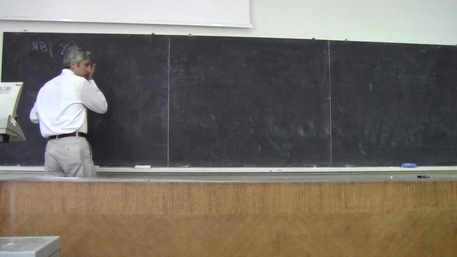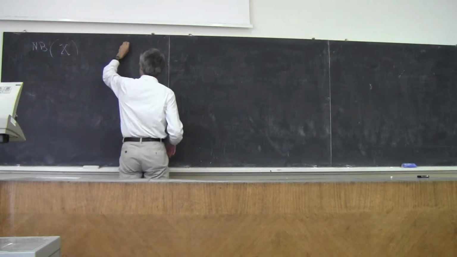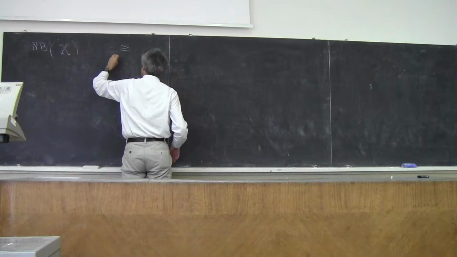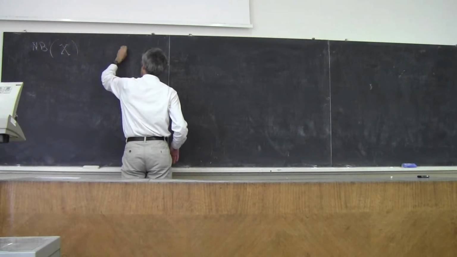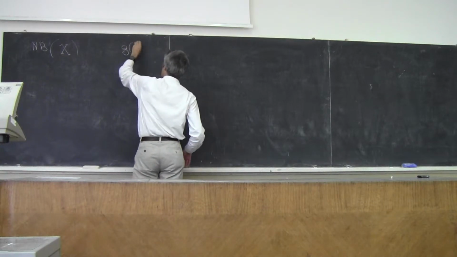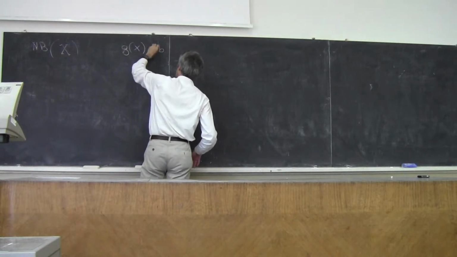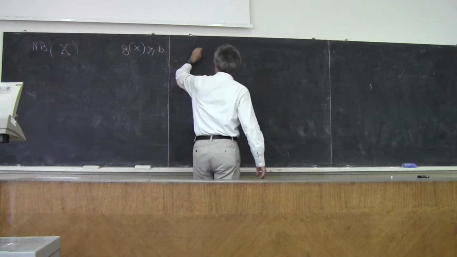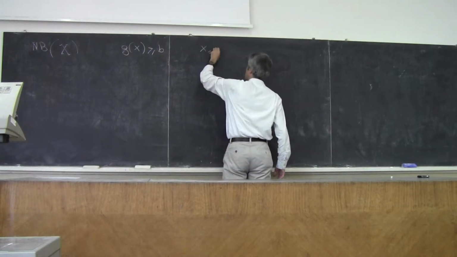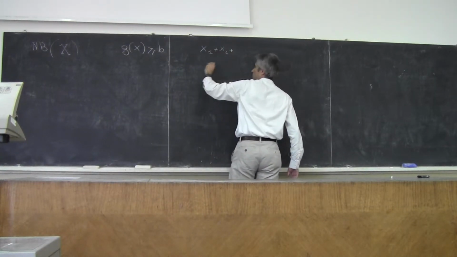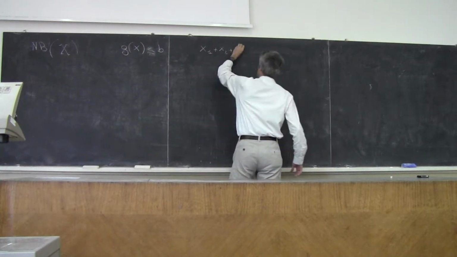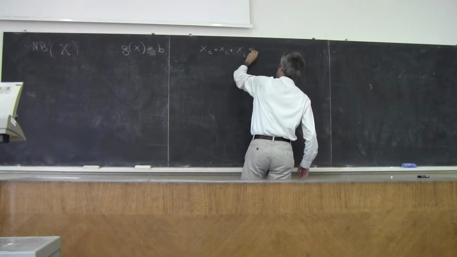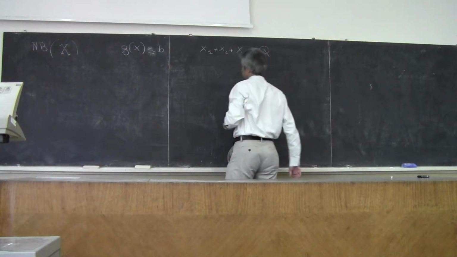And let's suppose that we have a constraint of the type g(X) less or equal than b. And for instance, the constraint would be x1 plus x2 plus x3 less or equal than q.